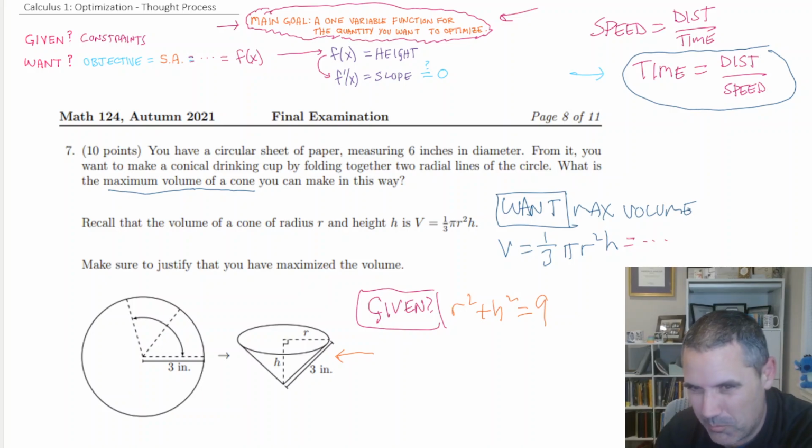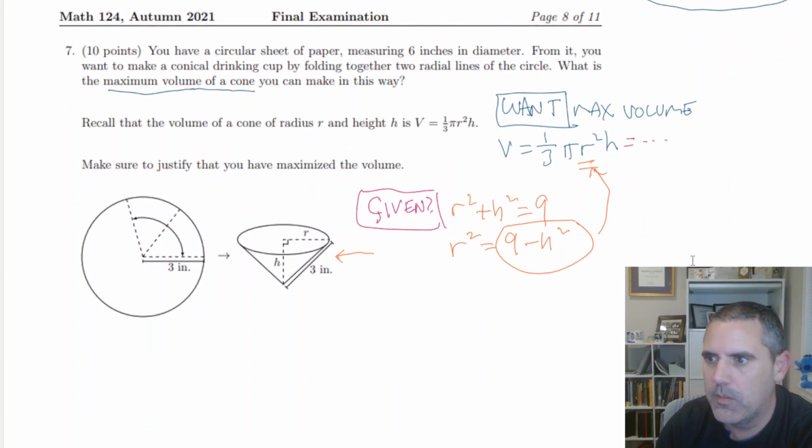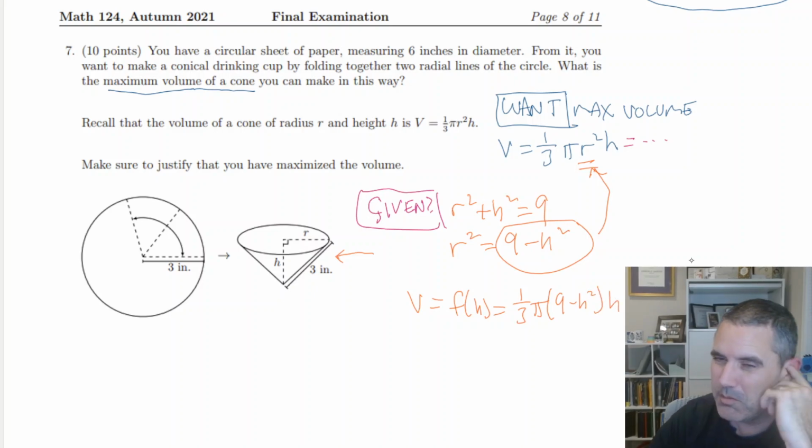Because this is an R squared, it actually gives a huge hint, which is it might be easier to solve for this and replace R squared. So then you get V equals, now a function of H, 1/3 pi (9 minus H squared) times H. We're going to expand it all out, take the derivative, set it equal to 0, make appropriate conclusions.